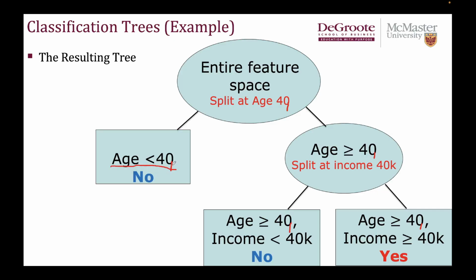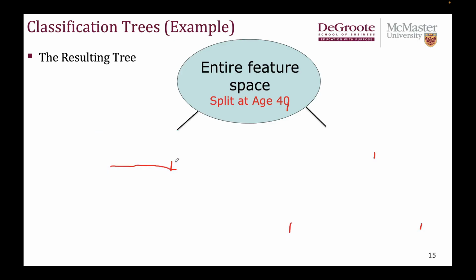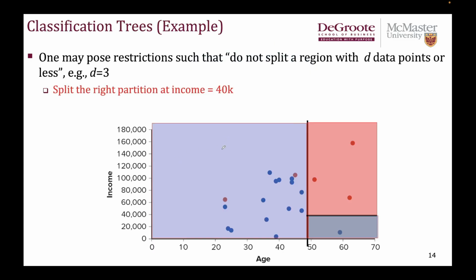Okay? And if you are further interested in the probability, we can go back to the feature space, right? 30 years old, 80,000 will be some point around here. And for this point, it's in the blue region, so it's a no. But what is the likelihood of customer choosing no purchase? Well, you look at what's going on in this region, right?